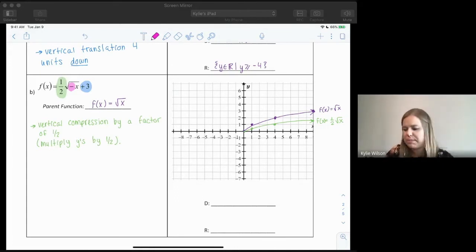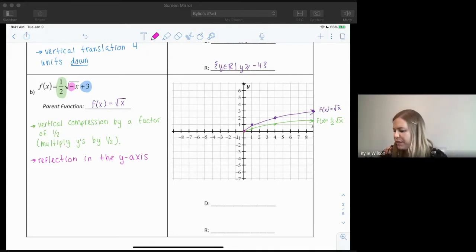As you type, I'm just going to write out what k does. Because k is negative, we have a reflection in the y-axis, like this. So that means it's going to be mirrored over the y-axis. Dustin, as soon as you're ready, feel free to type your question into the chat and I'll address it.